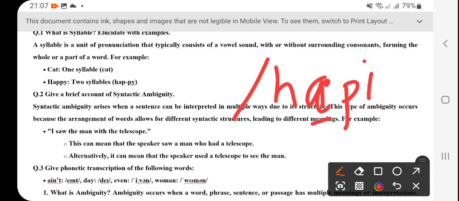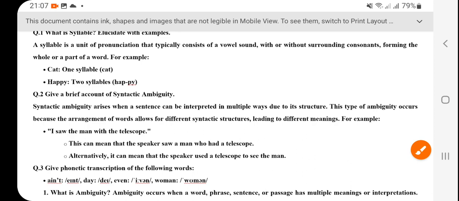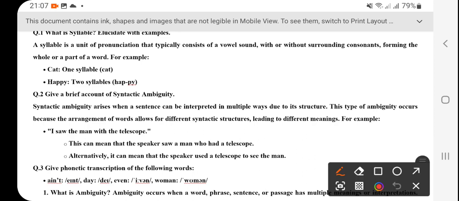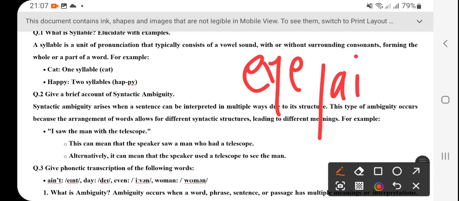This is a two syllable word, two vowels, that is why it's a two syllable word, right? And I is always one syllable. That's an I, a one syllable sound, because when two vowels are together, it will be considered as one. So that's a one syllable sound.